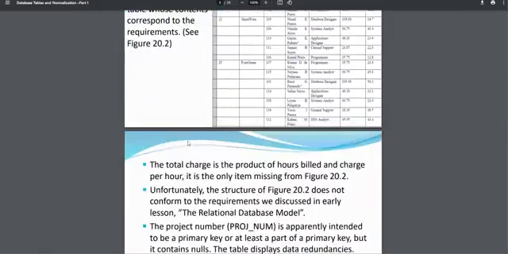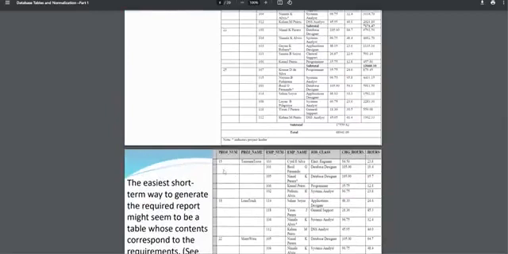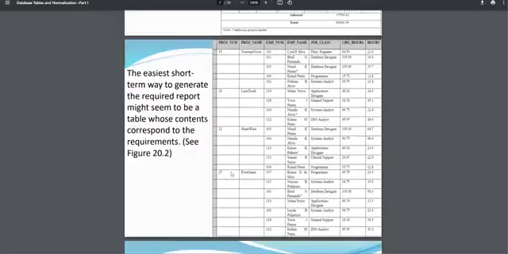So we know the project number. Sometimes it appears, sometimes it does not appear in other records.